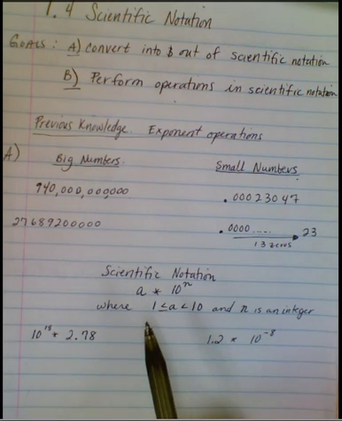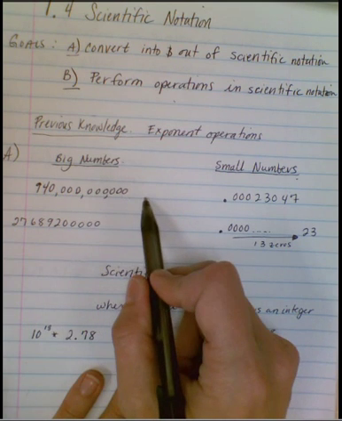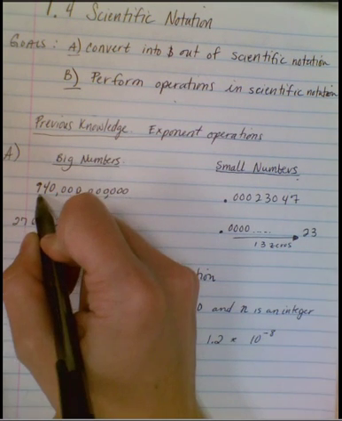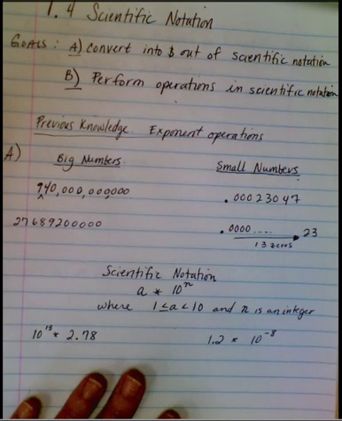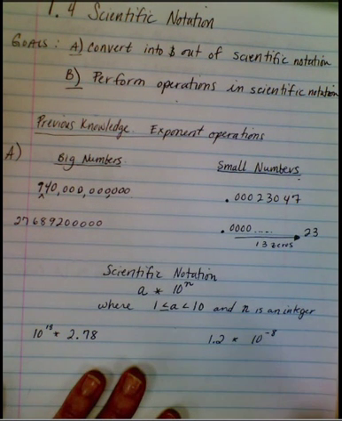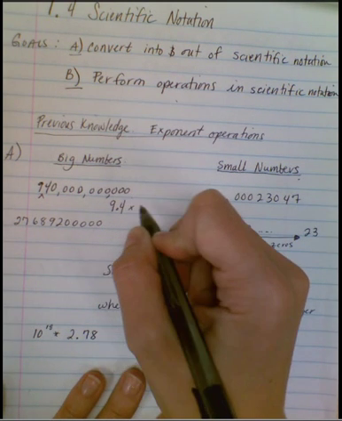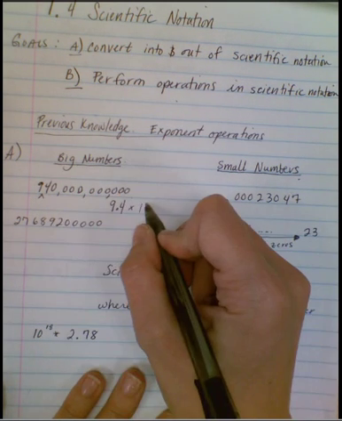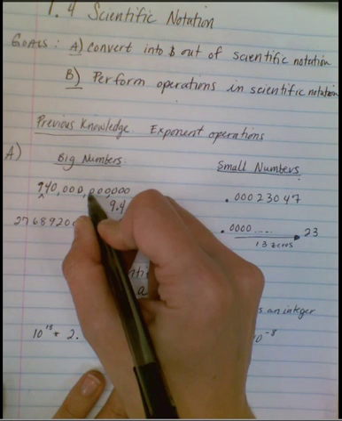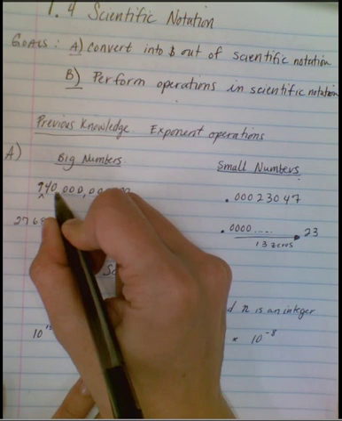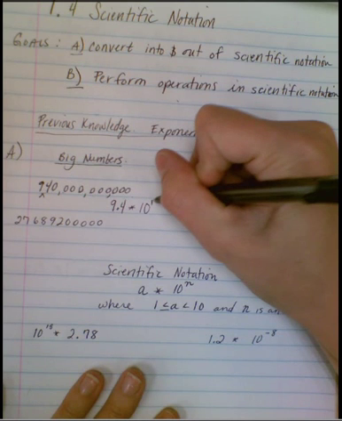So I'm going to take my 9, 4, and then a bunch of zeros, and I know that my decimal place needs to land here in order for my A to be between 1 and 10. So this is going to be 9.4 times, how many 10s would I have to multiply by to get back to this? 3, 6, 9, 10, 11. Multiply it by 11 sets of 10.